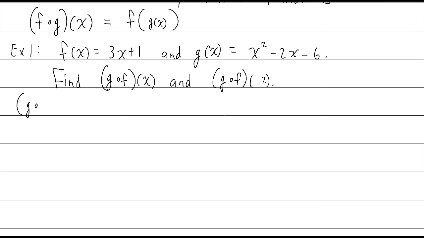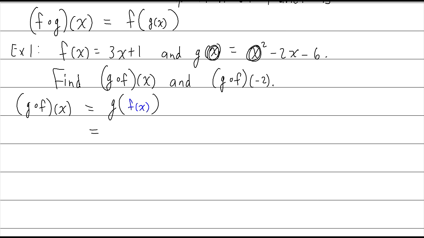g of f of x means that I have the function g of x, and inside of it is plugged in f of x. Okay, so f of x is plugged inside of g. What does that look like? Well, that just means start off with g. Okay, start off with g. And instead of an x, leave a blank for all those x's.